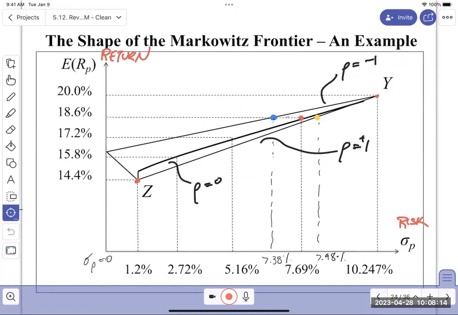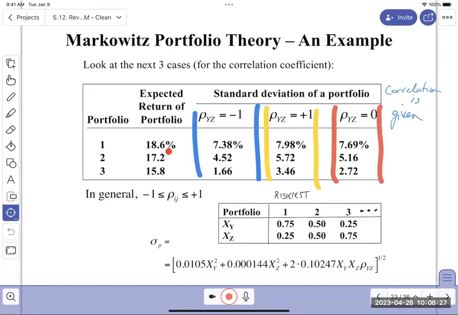So we could do the next set as well. And that would just be because there's less of the risky one in it, it has less return. So we would go with 7.2% as the expected return, and you see the same pattern. As they are less negatively correlated, they go up in risk.